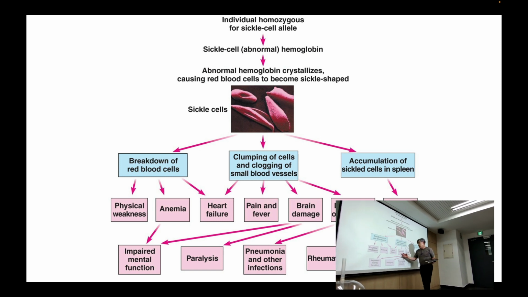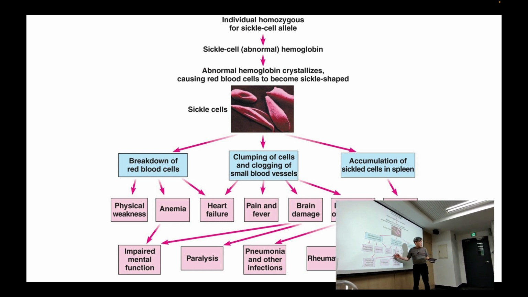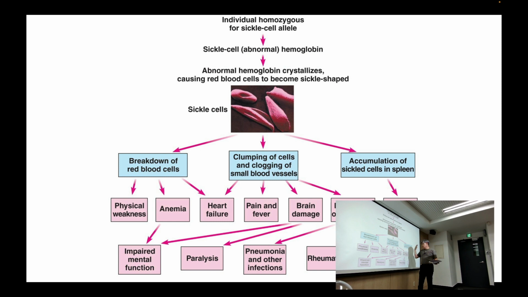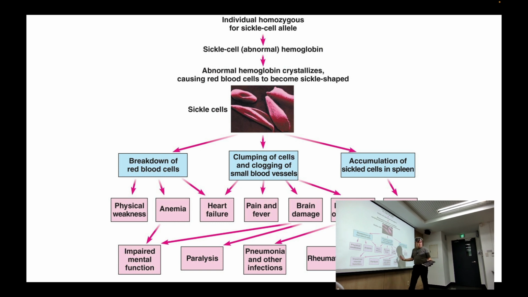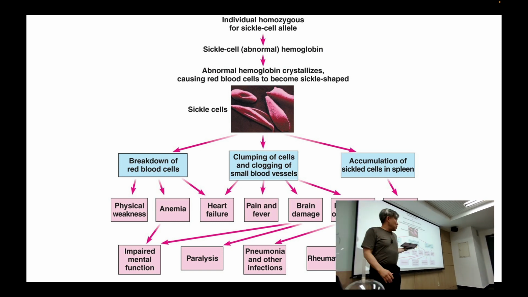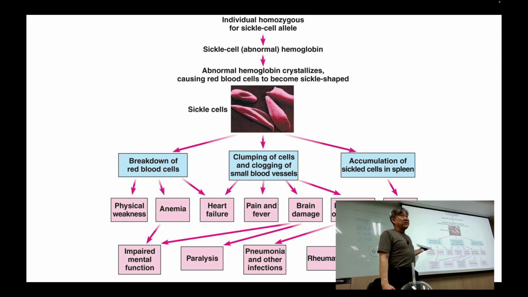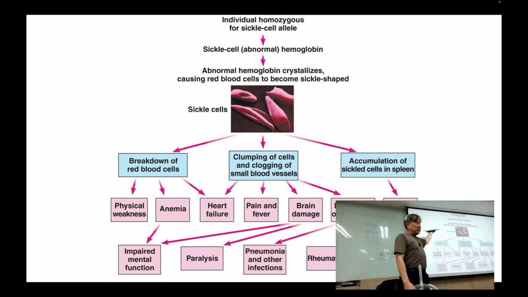And pain and fever, obviously. And brain damage: the brain requires so much oxygen, and if you don't have enough oxygen supply, your brain will be easily damaged. So that's why so many different effects come from a single gene mutation.